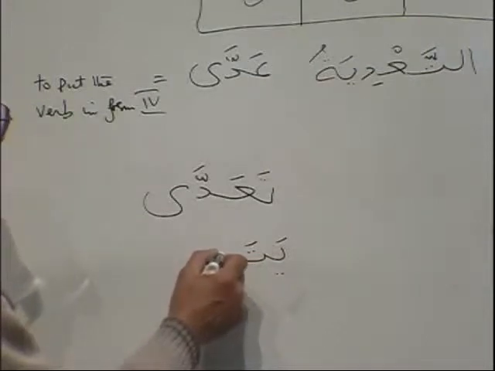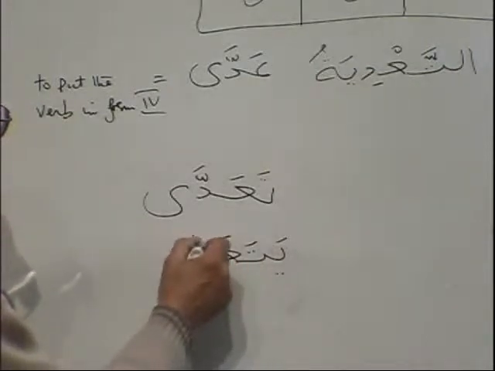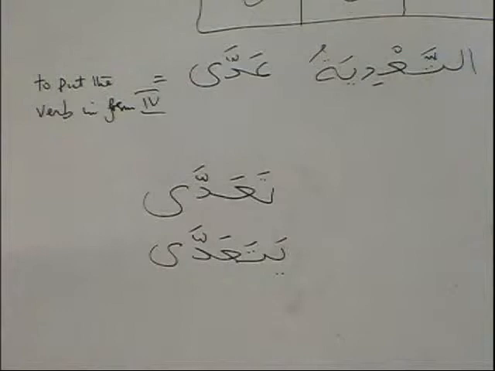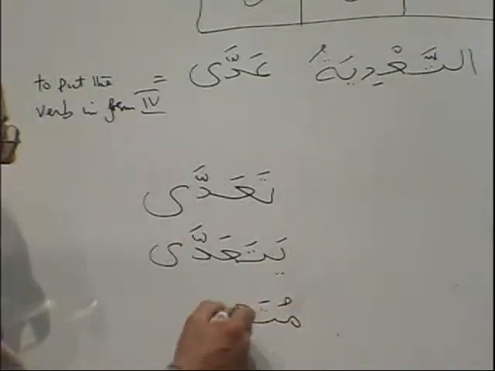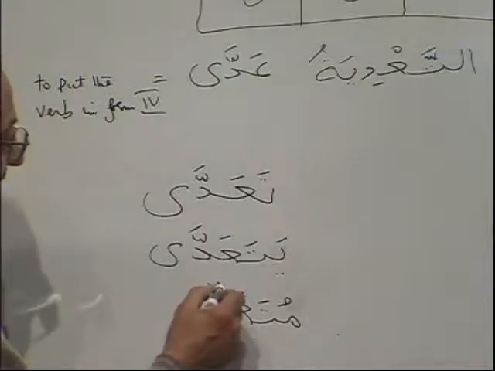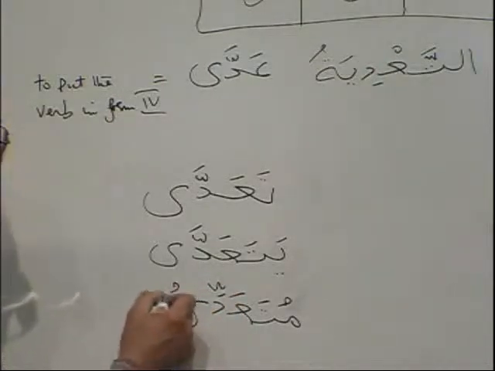Yata? No, brother. In this there are no kasras. Form 5 and 6, no kasra, except when you make ism fa'il. Now, see, it is naqis. What is your ism fa'il? Muta'addiyun.